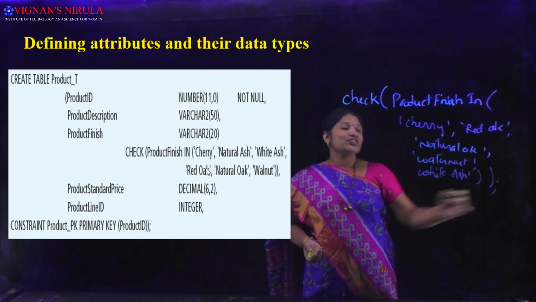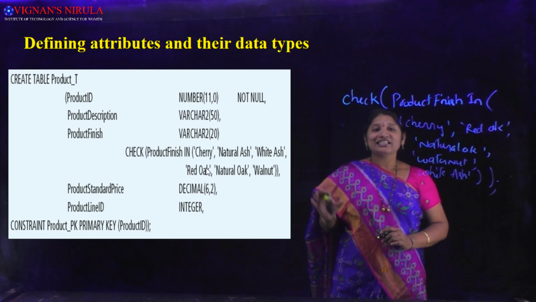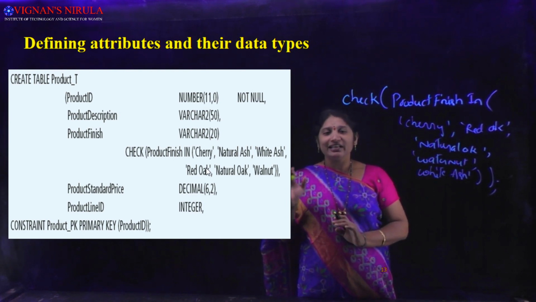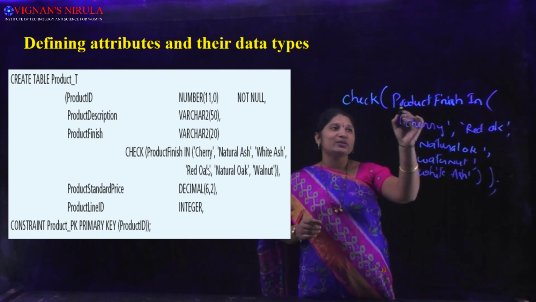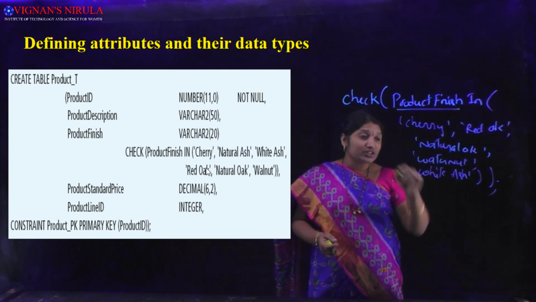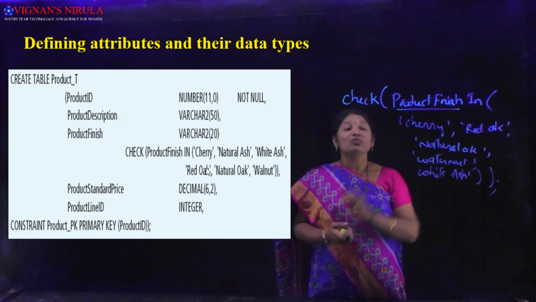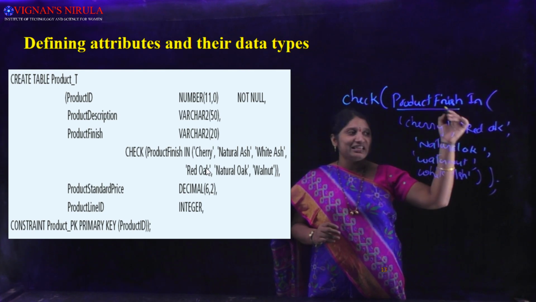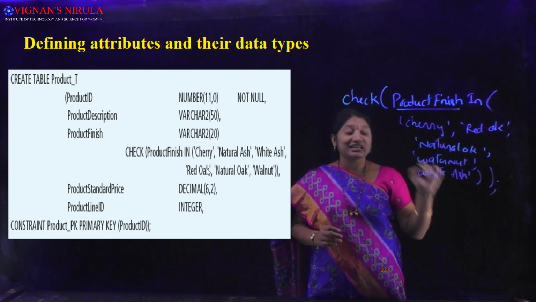What is the meaning of this constraint? It will restrict the data entry operators within the product finish column such that they can only enter these values under the column of product finish. The possible values for the product finish are cherry, red oak, natural oak, walnut and white ash.